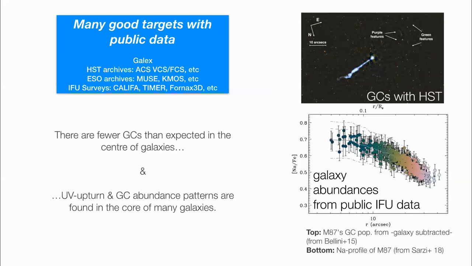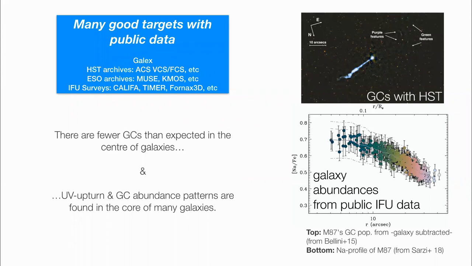So the idea here is to see if we can trace the number of globular clusters that we see in the center of these galaxies, and reconcile them with the abundances that we see in the field in these same regions.